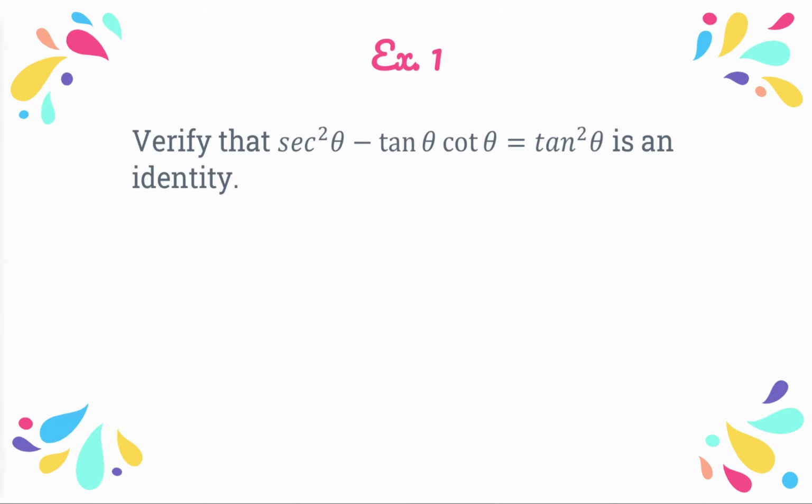So, for instance, to verify that secant squared x minus tangent x cotangent x equals tangent squared x, one thing that we can do, right? So secant squared x or secant squared theta, whatever, x, theta, same thing. Cotangent theta is equal to 1 over tangent theta.